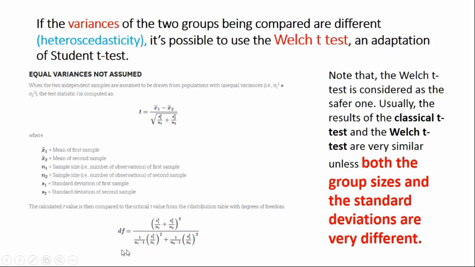In this case, the formula for the degree of freedom will also change. You can check from here. Note that the Welch t-test is considered a safer one. Usually the results of the classical t-test and Welch t-test are very similar unless both the group sizes and the standard deviations are different.